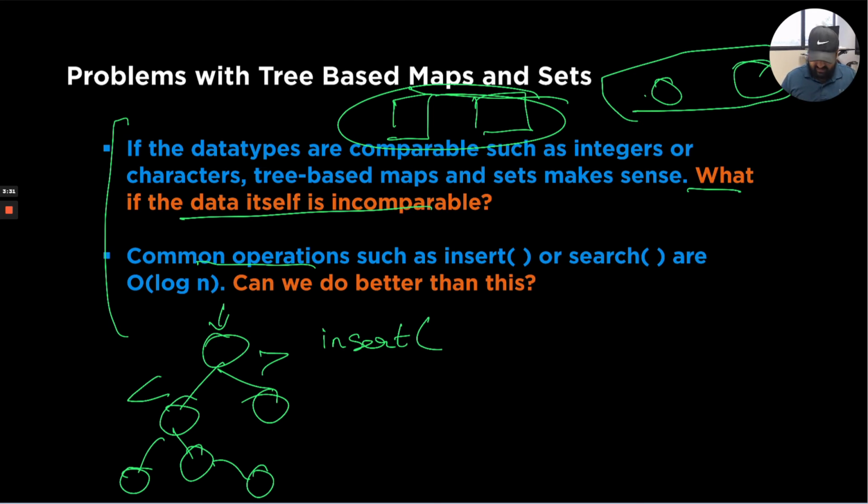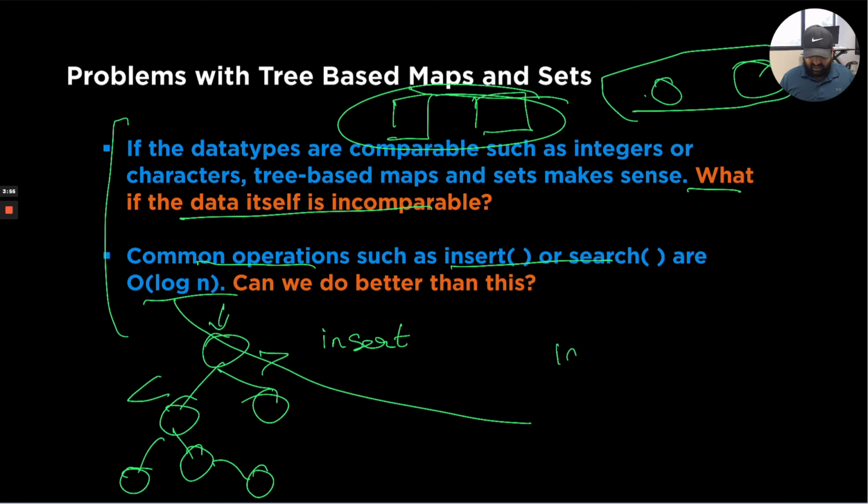So in that case, insertions and searches both required log n time. But the question to ask here is, can we do better than this? That's the whole purpose of today's lecture: we are going to see how we can improve on that. O(log n) is absolutely great.